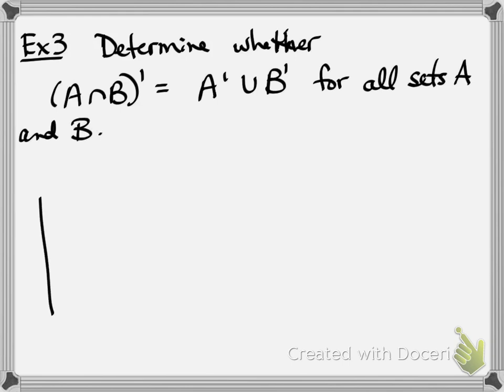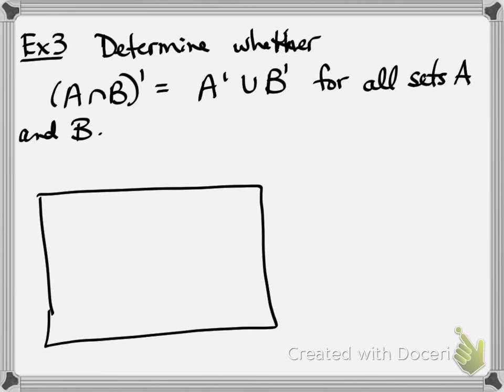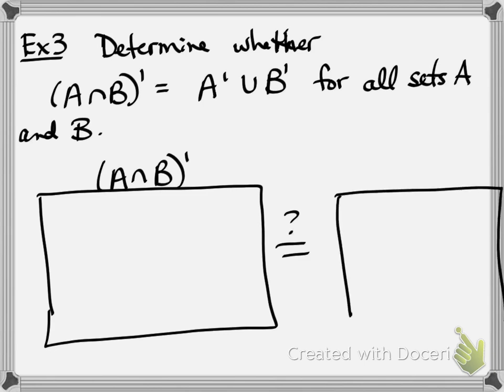So we'll do a Venn diagram for the left side of the equation, and we'll check to see if it's equal to the Venn diagram on the right side. Whoops, A complement union B complement.